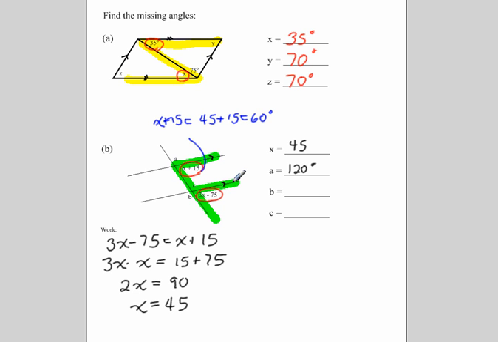So again, I can use 180 minus 60. I could have also seen that there's an F pattern with A and C. So regardless of how I get the answer, and there's always more than one way, I'm going to get the answer of 120 degrees. Finally, I know that C and B are opposite, so B must be 120 degrees.